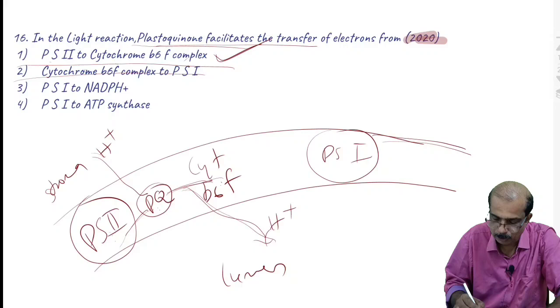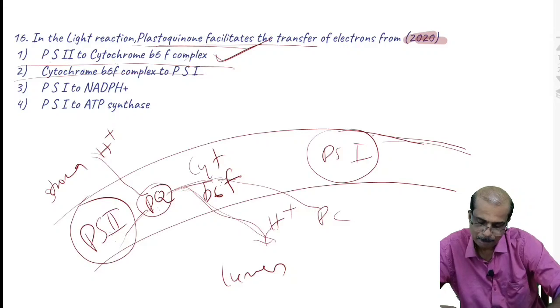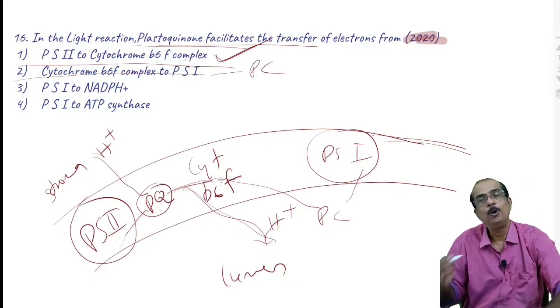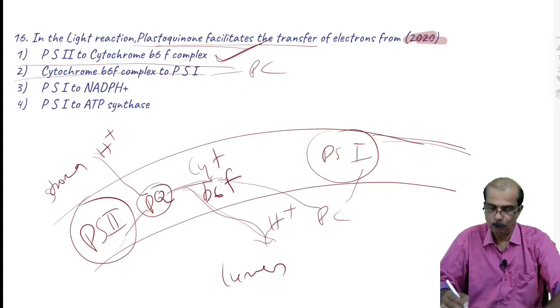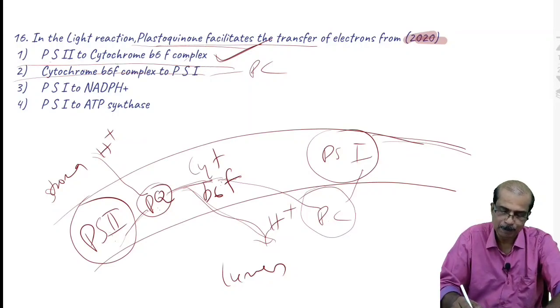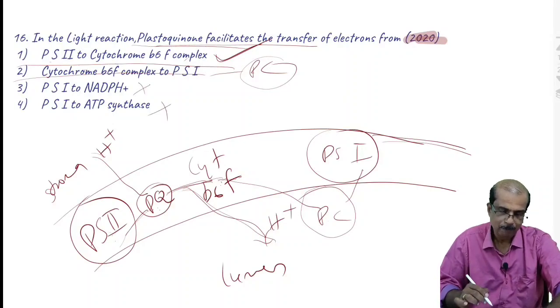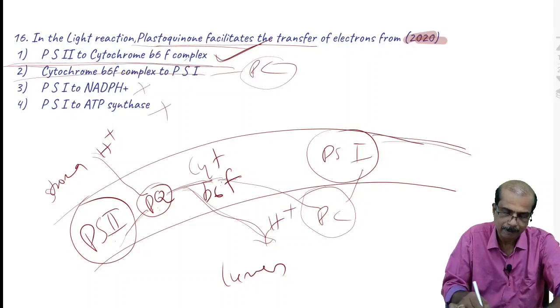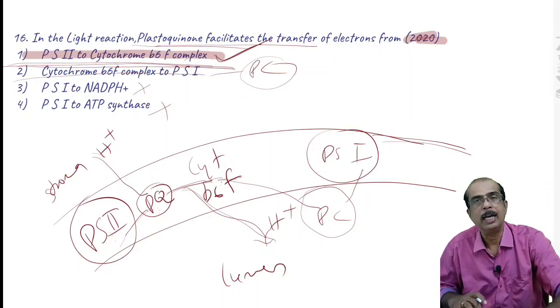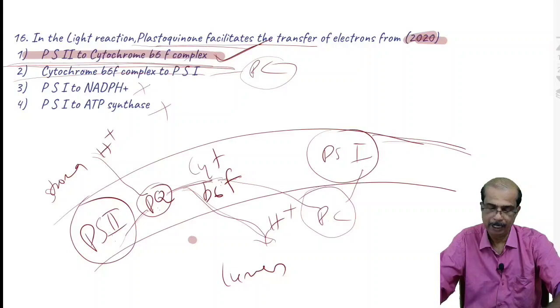That electron transfer from cytochrome B6F to PS1 is through the electron acceptor plastocyanin, which is present in the lumen side of that membrane. So the answer for the second option is plastocyanin. Third option, PS to NADP plus, not the answer. Fourth option not the answer. It is clear. First option is our answer. You can easily find out if the picture is in your mind.